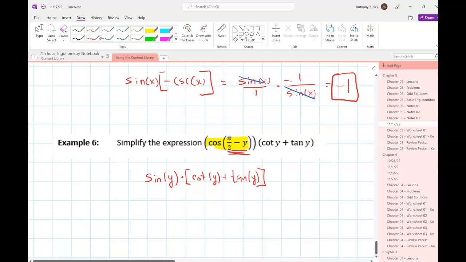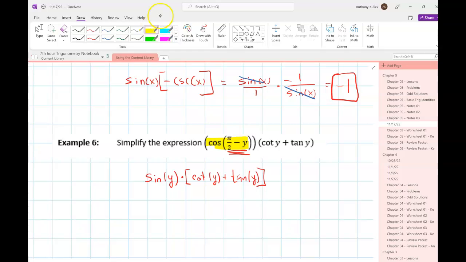I wouldn't. I would go for an identity here. And I would actually probably go for two identities here. Notice that nothing is squared, so I'm not going to be using any of the Pythagoreans. So it's either reciprocal or quotient identities that I'd be looking at here. It doesn't really matter which one.